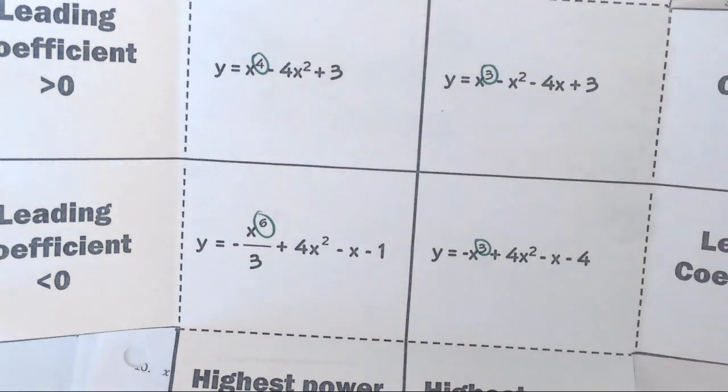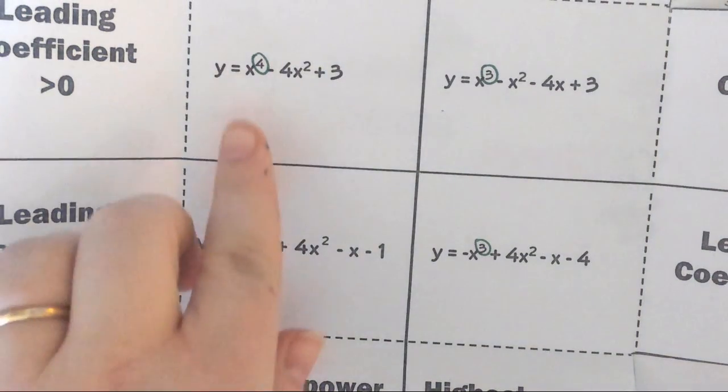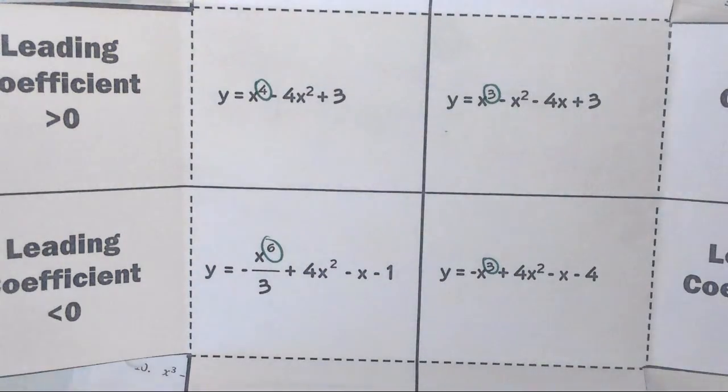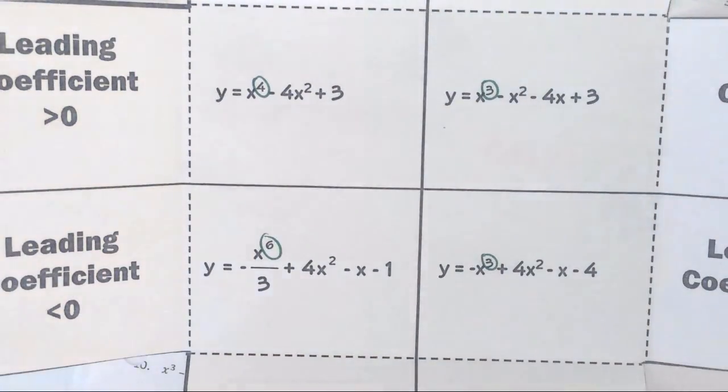So we're looking at our 4 graphs. Does anyone have a guess as to which graph should go with this first top picture? And again, we're not using our calculators even. Just a guess.